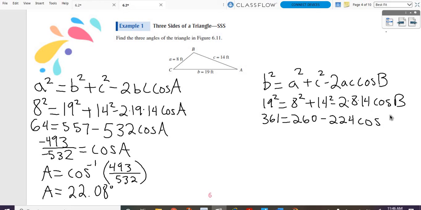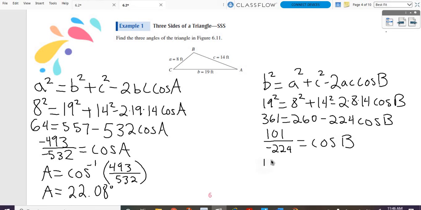Okay, so again, I'm solving for big B, so what do we want to do first? Subtract. Okay, so what do we get? 101. And then we would divide by negative 224.